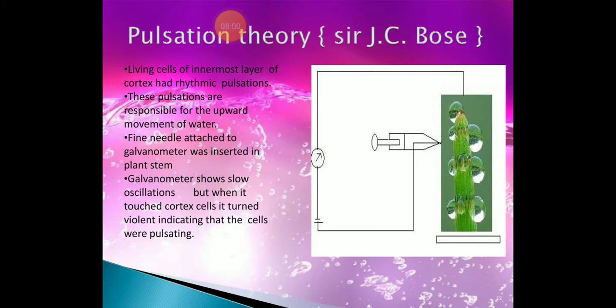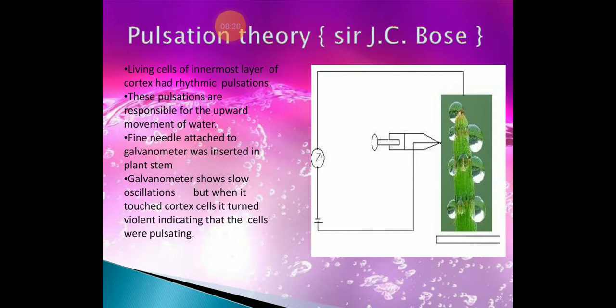Another vital theory is the pulsation theory. This was explained by one of the Indian scientists, the premier scientist Sir J.C. Bose. He used an instrument called a crescograph, which is used to explain the pulsation theory. He showed that plants have a living nature, just like animals.